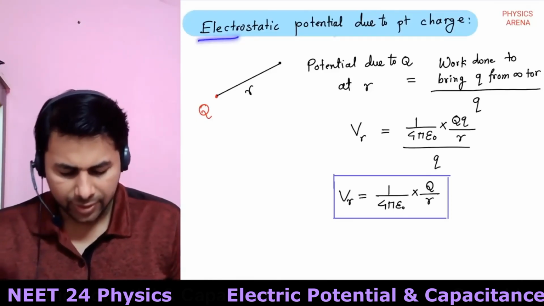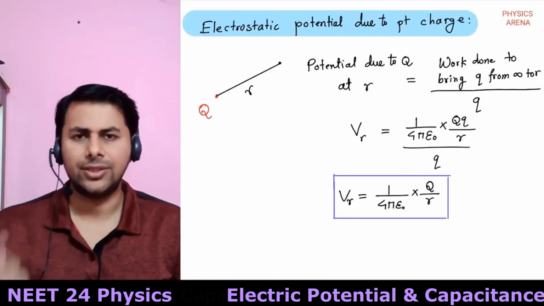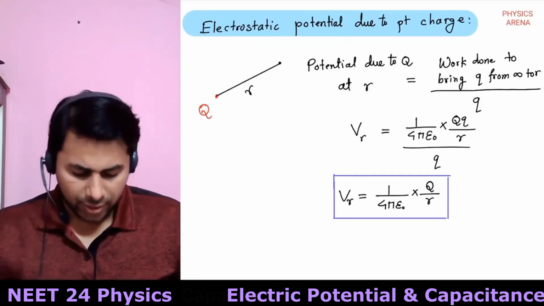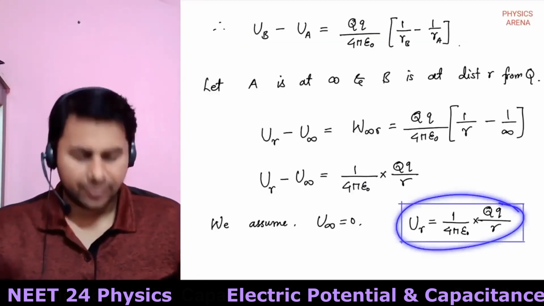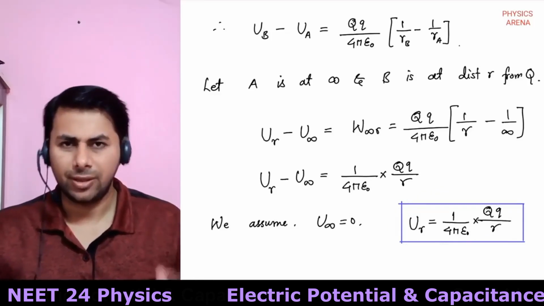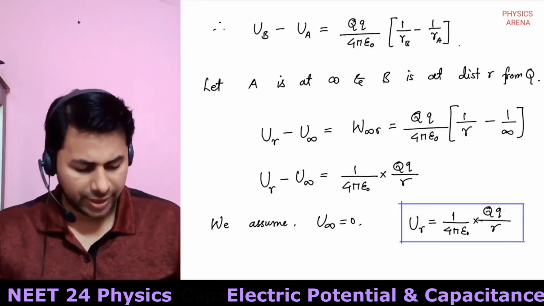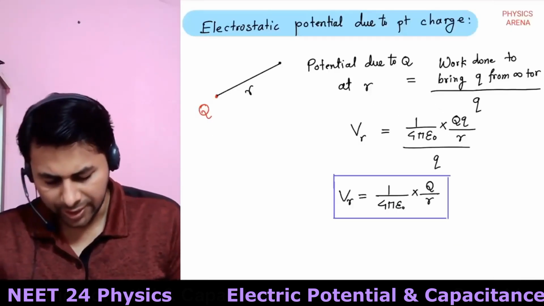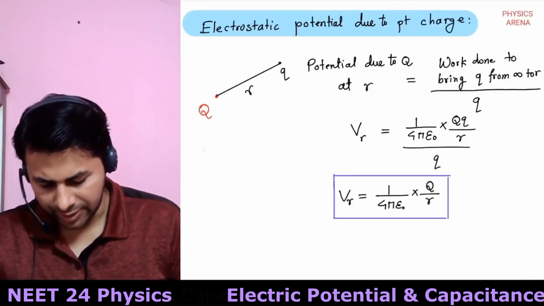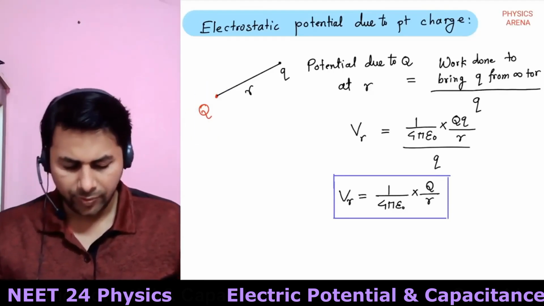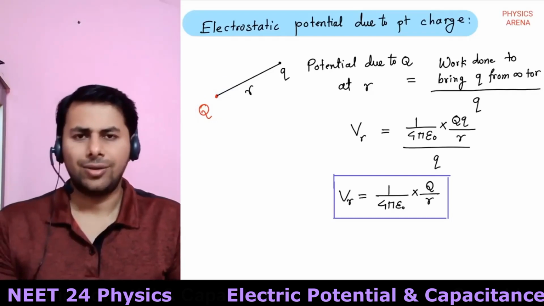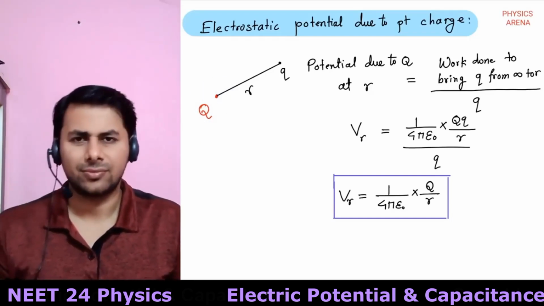Now we define the electrostatic potential due to a charge. We know that this much is the work done to bring a charge small q from infinity and keep it at distance r away from this capital Q. So this work done we can define in terms of potential due to this charge.